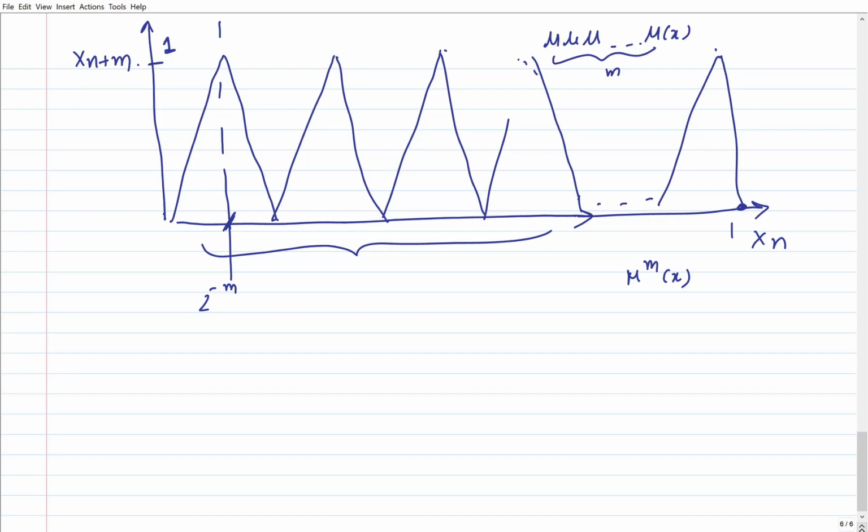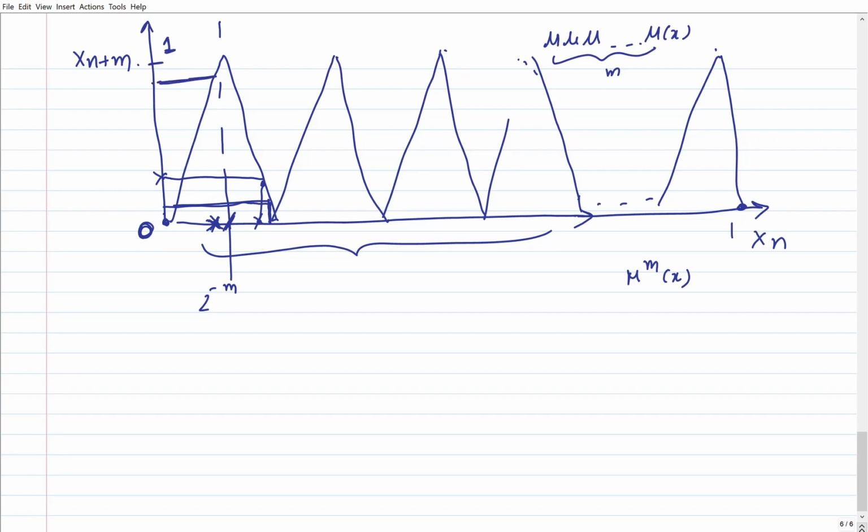You also notice the behavior of, let's say, this particular point. This particular point on the map goes somewhere here, and a point here is lifted very far off. So this particular point on the mth iterate is going to be very close to 0, whereas a point over here goes after the mth iterate of the original map somewhere here.